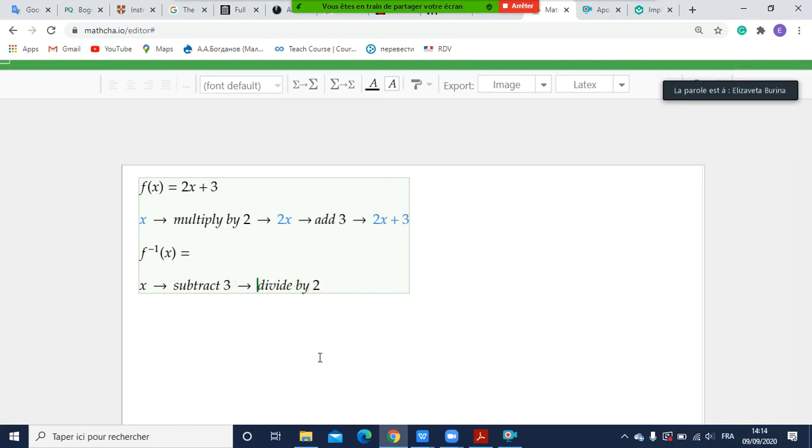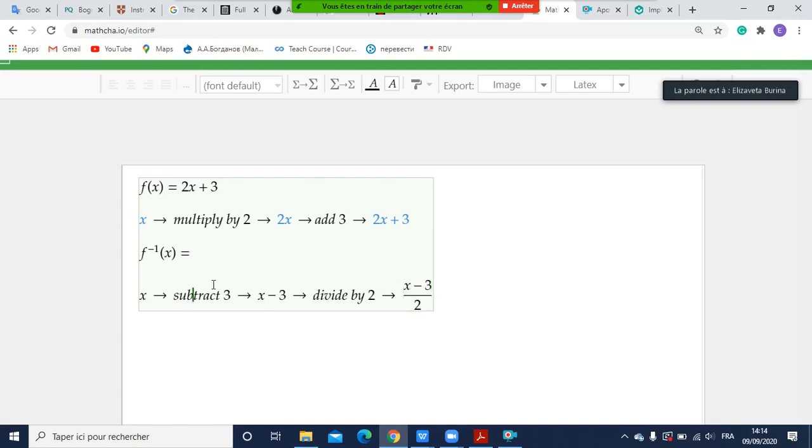So after subtracting 3, what we get is x minus 3. Then we divide the whole thing by 2, and what we get is a fraction: x minus 3, divided by 2.